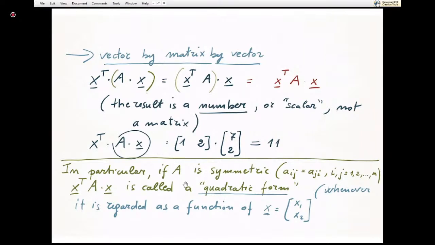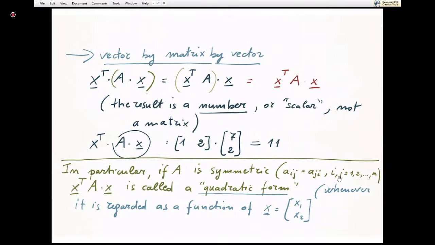In particular, if matrix A is a symmetric matrix, what is the definition? It is equal to its transpose, or for short, the element in the position Aij is equal to the element in the position Aji. I can exchange the index of the row with that of the column for any i, j.